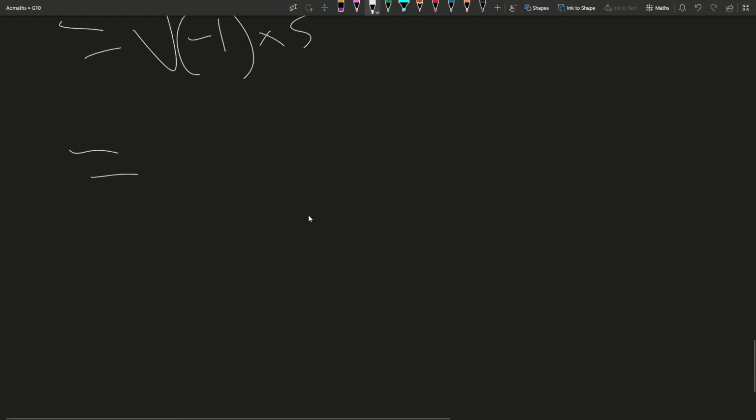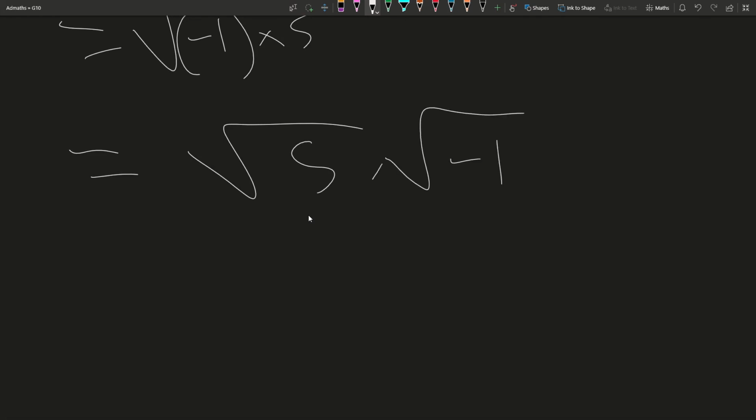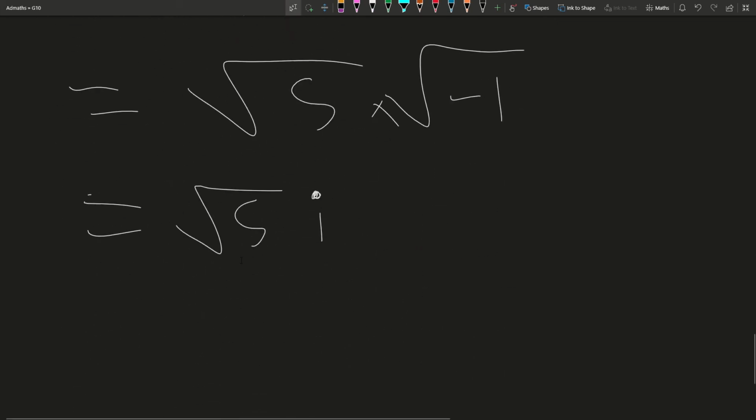And so you can break that up into the square root of 5 times the square root of negative 1. And so that's the same as saying the square root of 5 times i. So any number which is the square root of a negative, you can get it in terms of i.